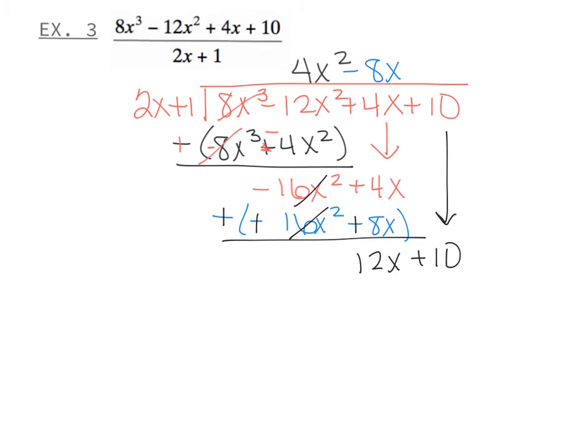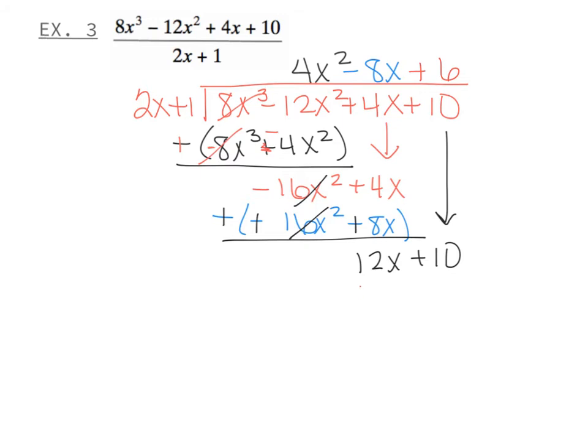So now I need to make my 2x a 12x. So I just need to multiply the number, which is 6, and it's a positive. So I'm going to put a positive 6.